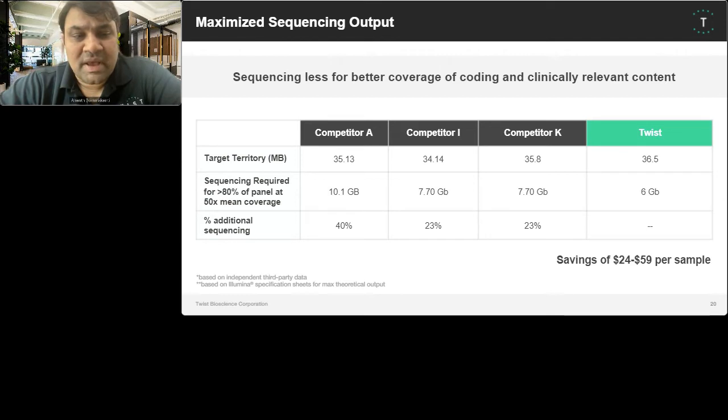So here you can see that you can save anywhere from $24 to $59 per sample when you're using the Twist Exome 2.0 compared to the other vendors, where you need to get more data. That means with Twist you can put fewer samples onto the sequencer and get the same quality data that will give you the answers that you're looking for.